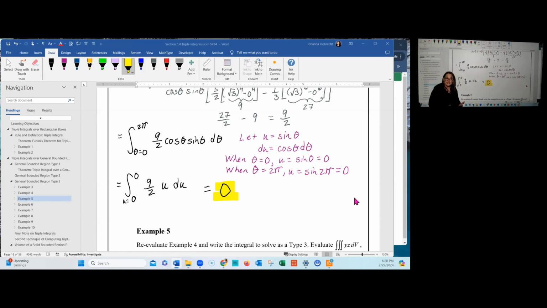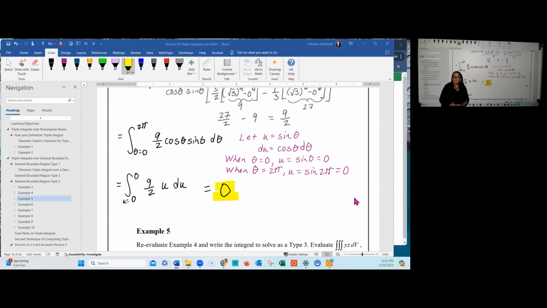Then when I converted the limits of integration, when theta is 0, sine of 0 is 0, but when theta is 2 pi, the sine of 2 pi is still 0, which means that my integral becomes the integral from u equals 0 to 0 of 9/2 u du. But if the limits of integration match on a definite integral, then the value of the definite integral is 0. And again, we can't interpret this without knowing what that function of 3 independent variables means.